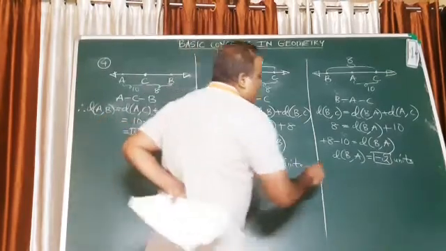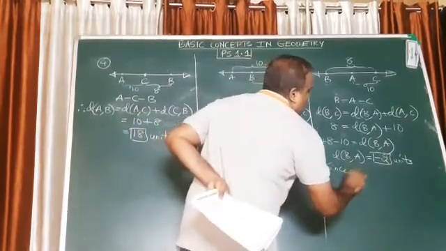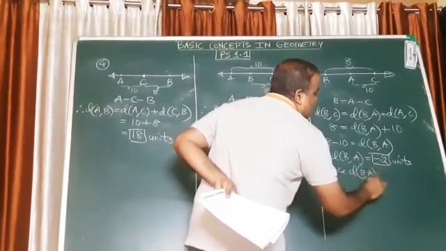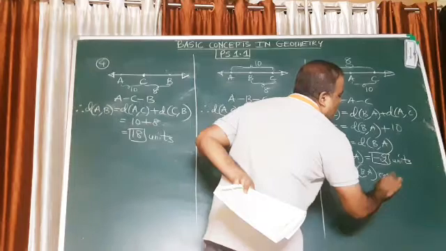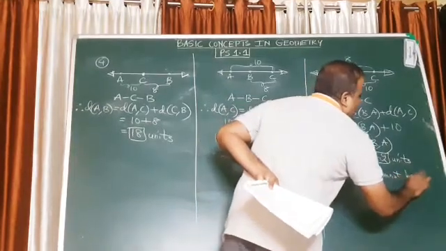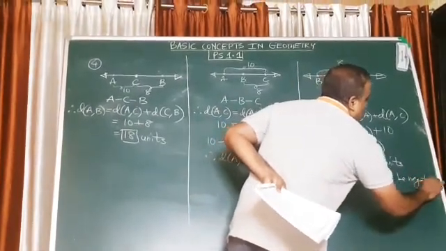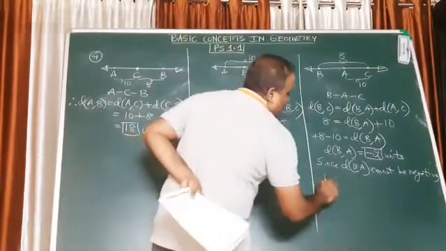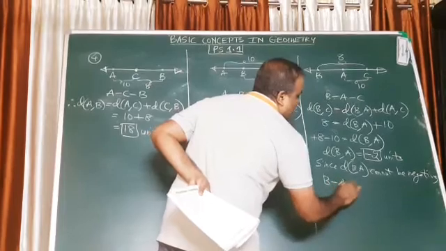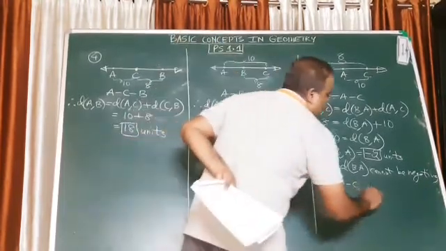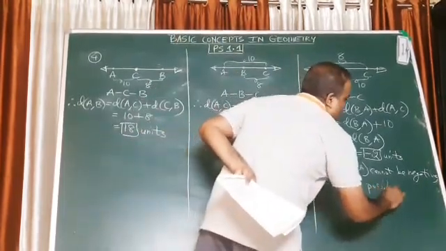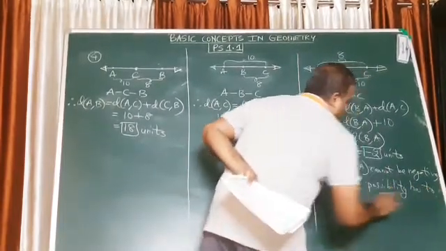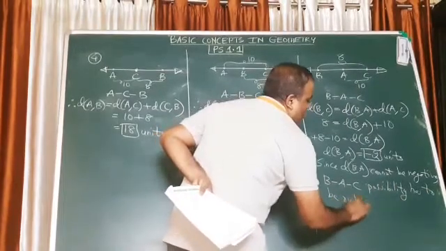So you say, since distance cannot be negative, the B dash A possibility has to be ruled out. It is not possible.